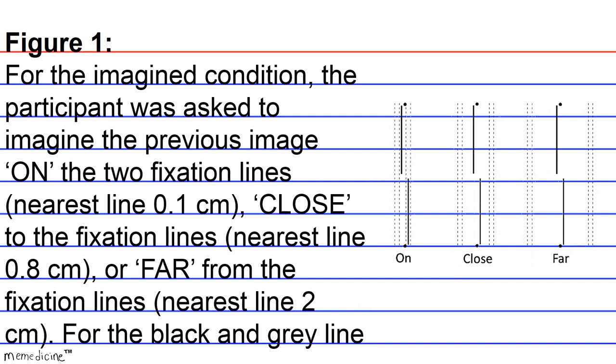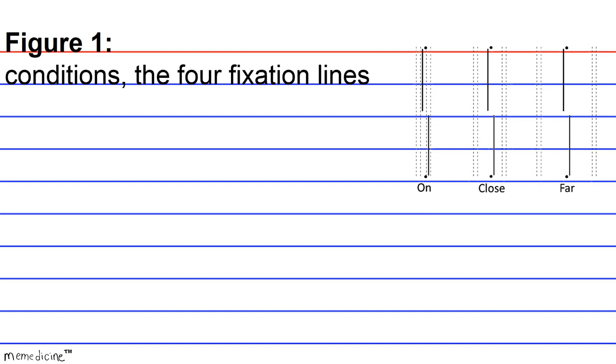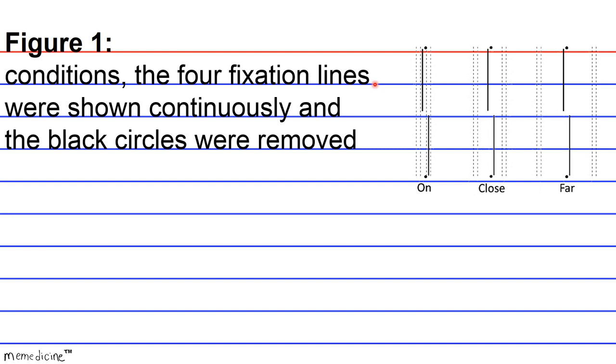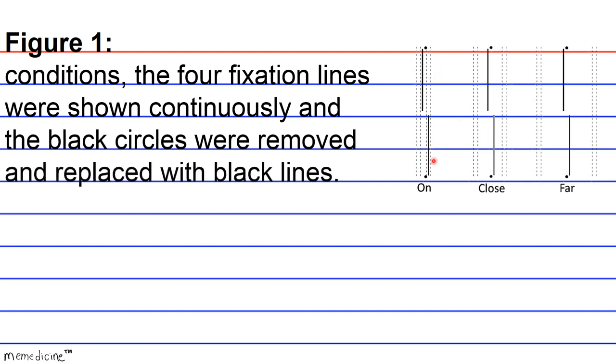For the black and gray line conditions, the 4 fixation lines were shown continuously, and the black circles were removed and replaced with the black lines.